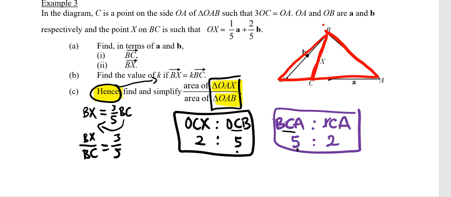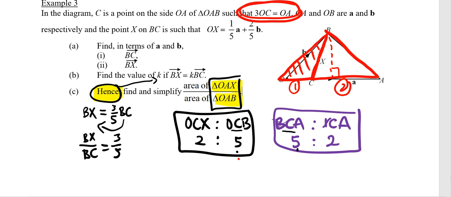So how do we now compare between OCB and BCA? In the first place, we were given this ratio. OC is 1 unit, and OA is 3 units. So there is a ratio that we have used in A. Now, these two red triangles share the same height. Not similar, not the case of the common angle.